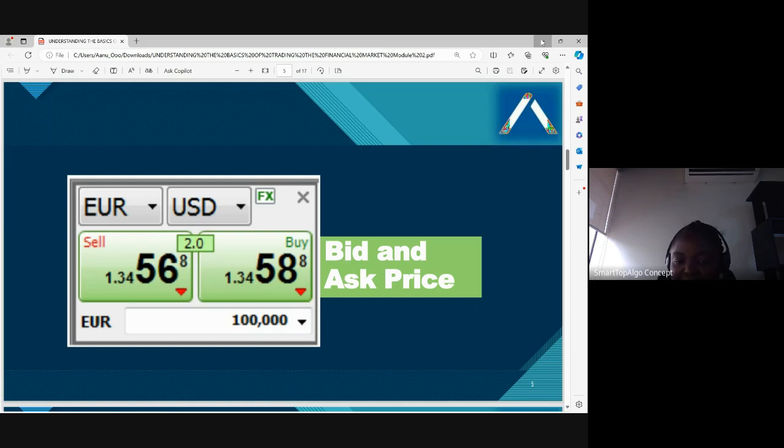This means the bid is the best available price at which the trader can sell to the market.